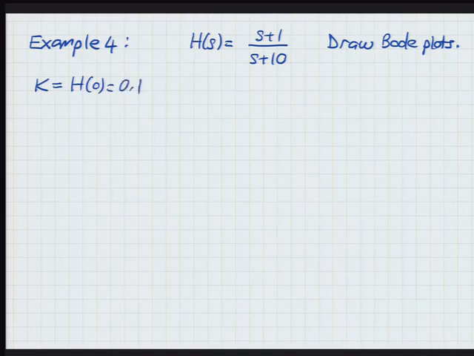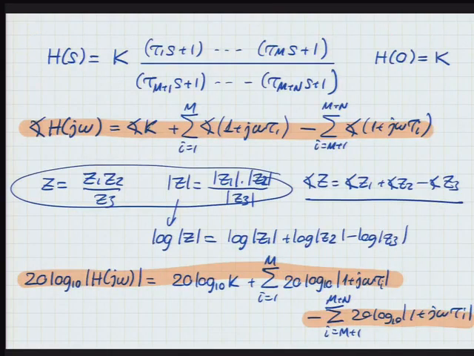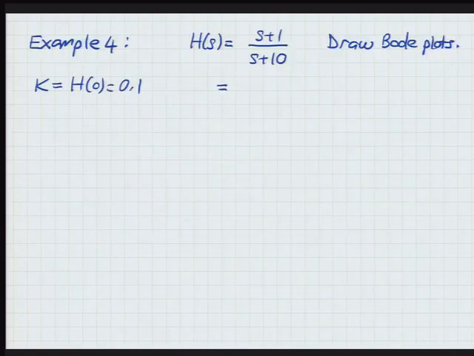So that means we need to first put this in the form that complies with the form at the top here, right? That means factoring out the DC gain, writing this as 0.1 times, the numerator is already of the form tau s plus 1, tau being 1, right? So I leave that alone. But the denominator is not, so now I put it in this form, 0.1s plus 1.